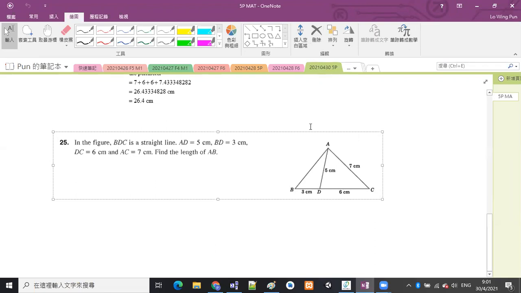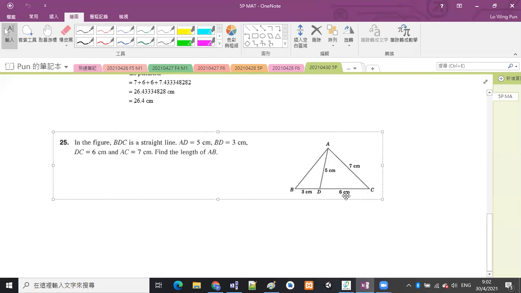So we need to get help from another triangle. Which triangle has three pieces of information for us to calculate more lengths or angles? I think it is very obvious that triangle ACD has three pieces of information.